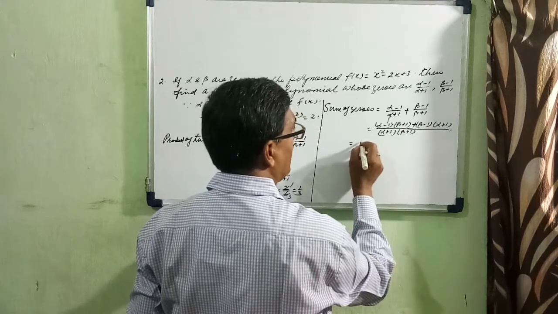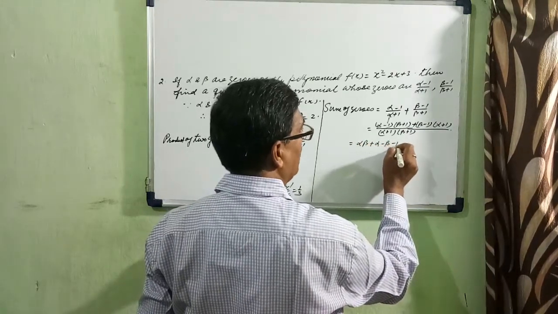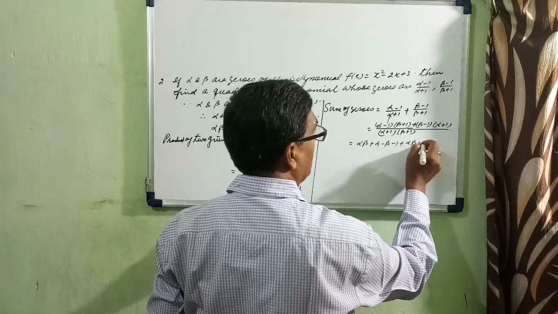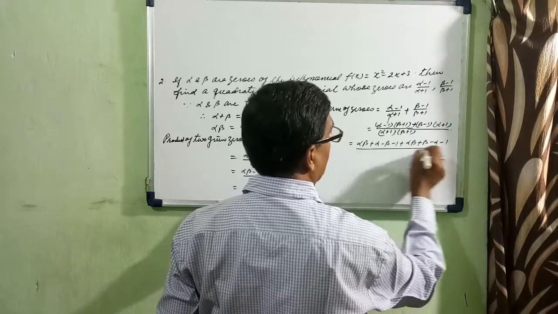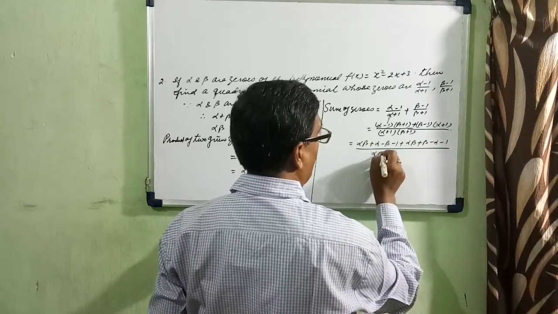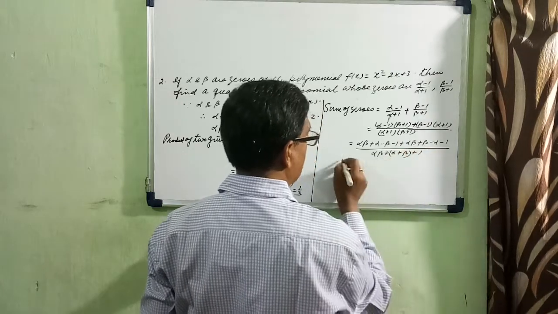And then you can say alpha beta plus alpha minus beta minus 1, alpha beta plus beta minus alpha minus 1 divided by alpha plus beta plus 1. You can keep it in this form.